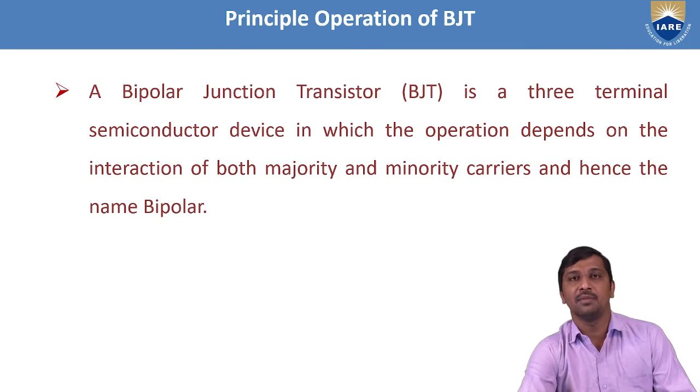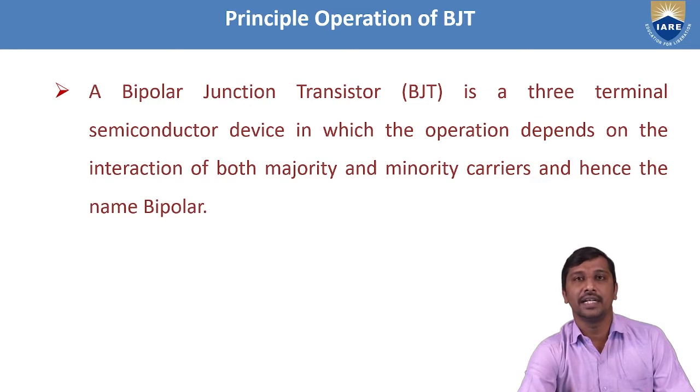To construct this bipolar junction transistor, again we need to use two different types of materials: one is a P-type material, and the other is an N-type material. By using these P-type and N-type materials, we form a bipolar junction transistor. Based on its construction, the conduction depends upon both the majority as well as the minority charge carriers.